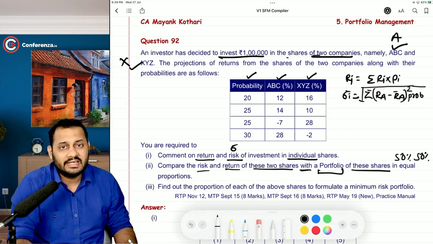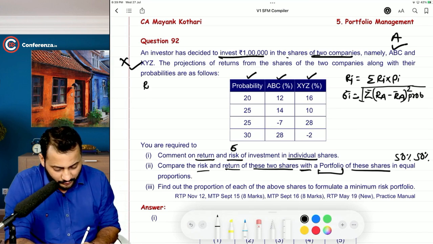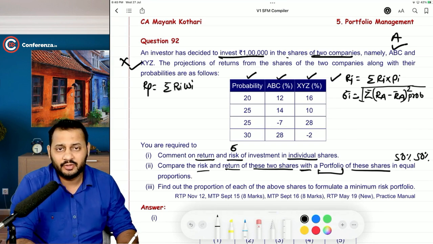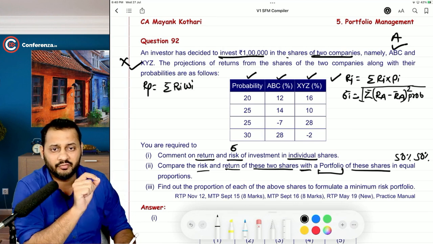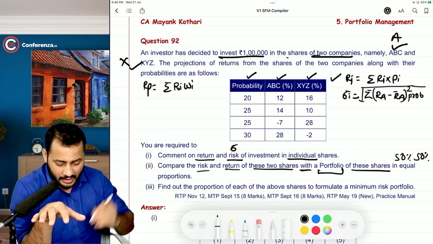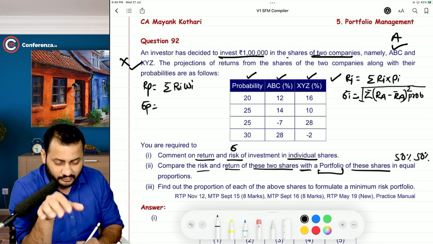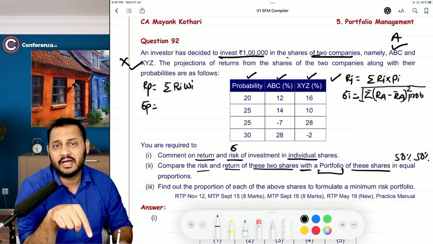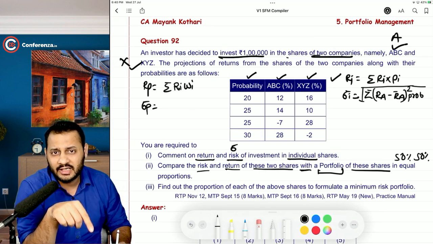Now in the second part, you have to calculate the portfolio return, which is nothing but summation of Ri times weight i. So whatever return you have calculated in the first part, multiply it with the 50% weight and then do the total, you will get the portfolio return. That's very simple. Second, the standard deviation of the portfolio having two assets in it is very simple.